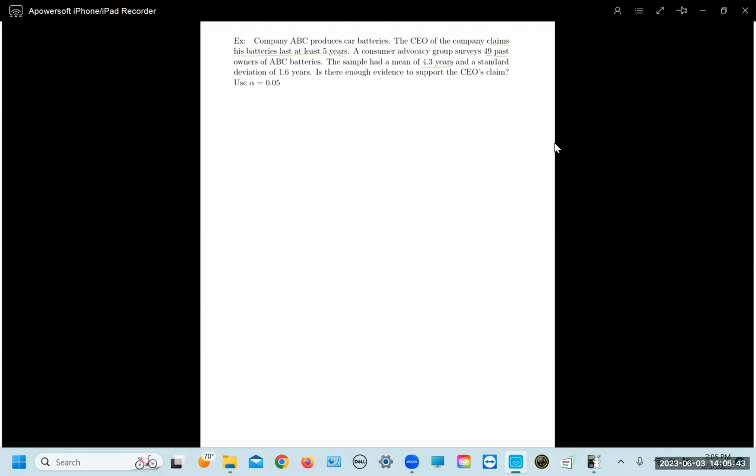Now mu should be greater than or equal to 5 years, so this one is the claim. N is 49, X bar is 4.3, and the standard deviation is 1.6.